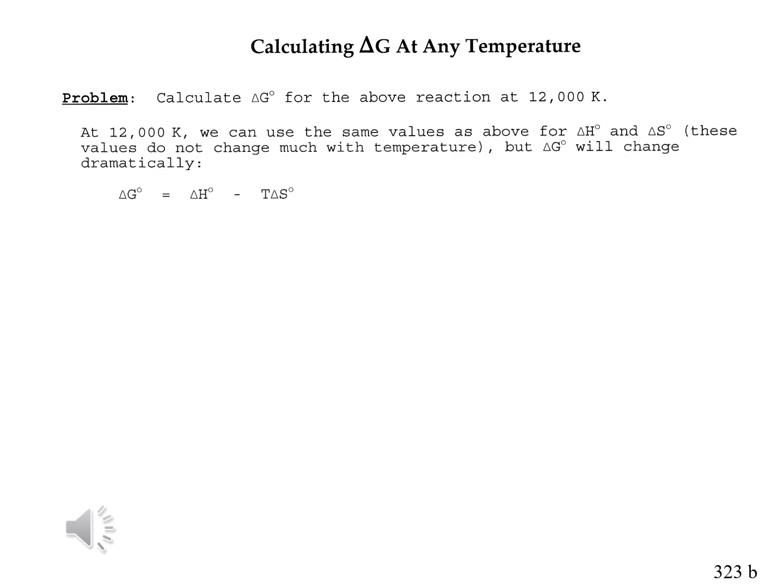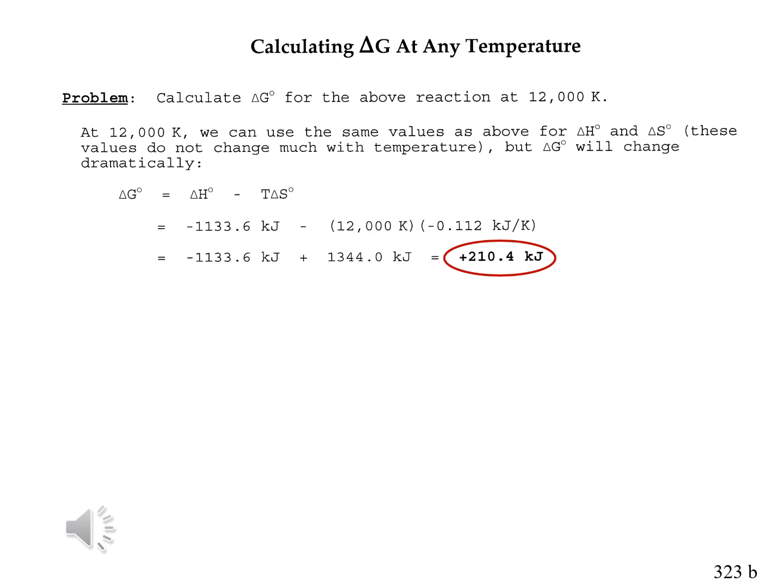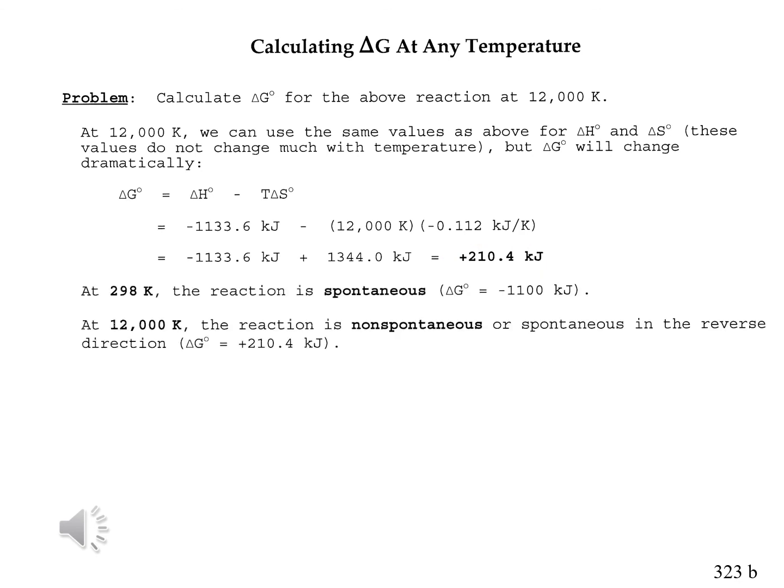Since you can only use delta G in the table at 298, the only way you have to do this is to use the Gibbs equation. You plug in the same H and the same S, but the 12,000 for the temperature. When you calculate delta G, you find out that it's now positive. So at 298, the reaction was spontaneous or negative G, but at 12,000, it turned around. It became non-spontaneous or positive G.